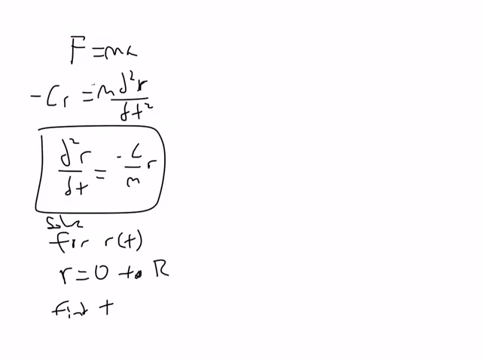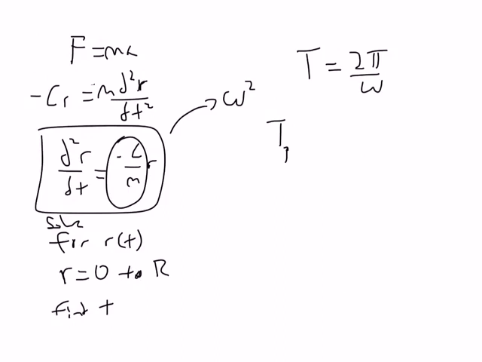The other thing is, if you recognize that this is a simple harmonic oscillator, we know that this is omega squared, and T is 2 pi over omega, right? And so from point P, the surface, to the center is 1/4 of a period. So T from P to C equals 1/4 of a period.